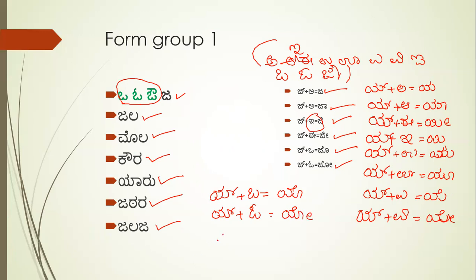Okay, half y plus ow, it becomes yau. Okay, like this.